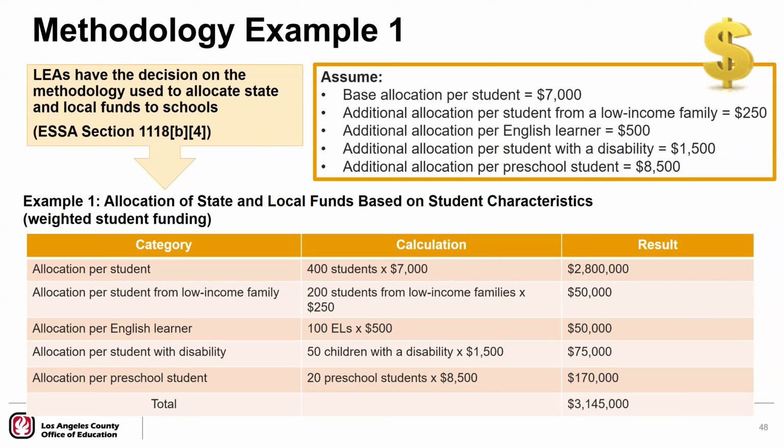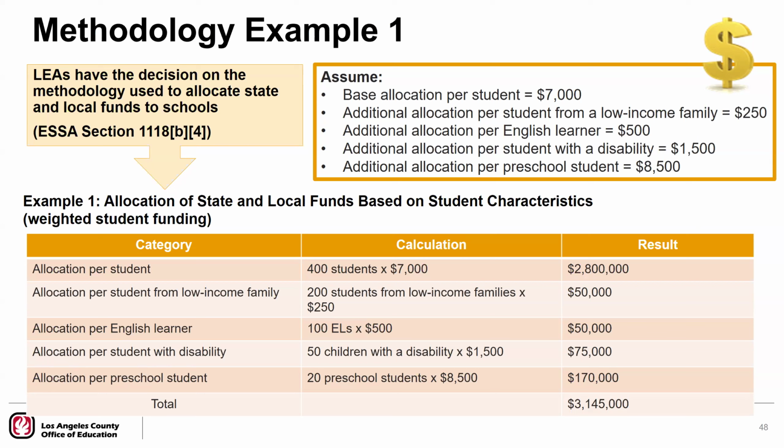So this example allocates state and local funds to schools based on a standard formula through which an LEA allocates dollar amounts based on objective student characteristics. And in this example, there are varying per pupil allocations based on characteristics of students in each school.